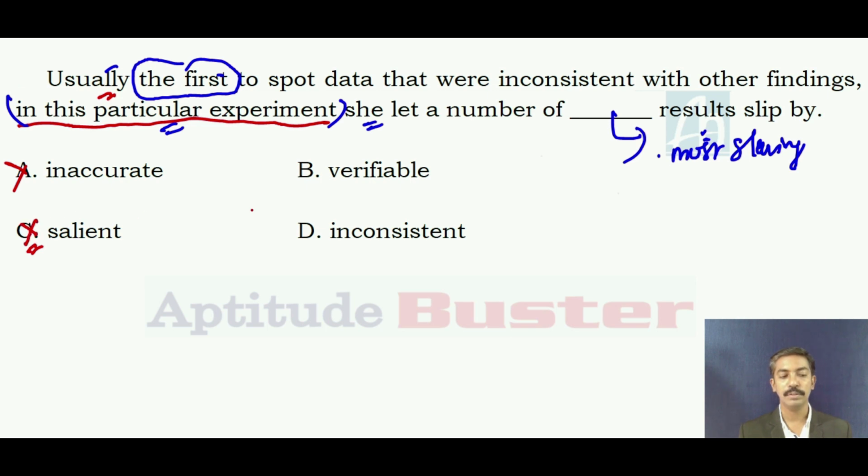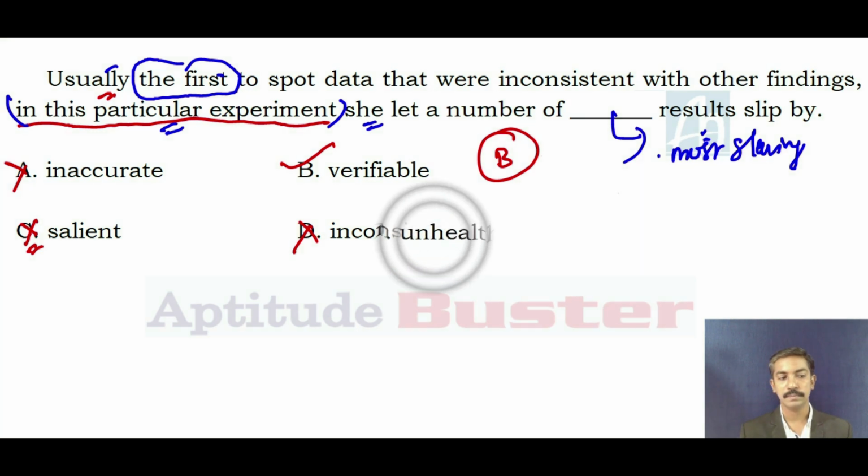Actually, it is wrong. Inconsistent is also wrong. The right choice is option B. Though she is good at identifying any inconsistency with investigations, in this experiment she has missed verifying even the most glaring ones. That's the meaning of the sentence.